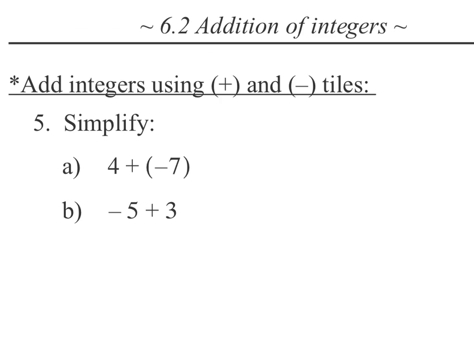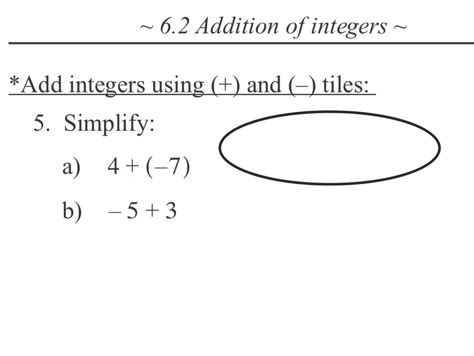Alright, next up, we'll look at adding these integers using tiles first. For part A, again, my positive tiles are going to be in black and the negative ones in red. To start off, I've got 4 positive tiles, and then 7 negative tiles.